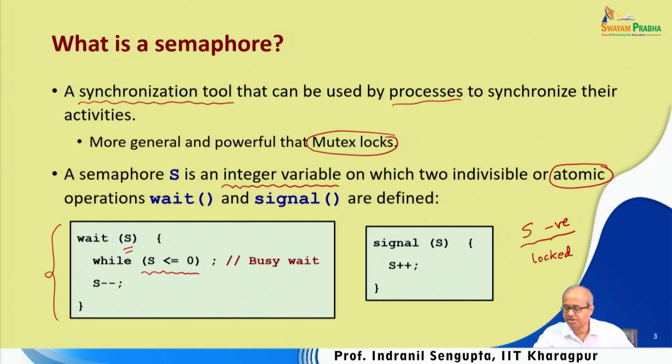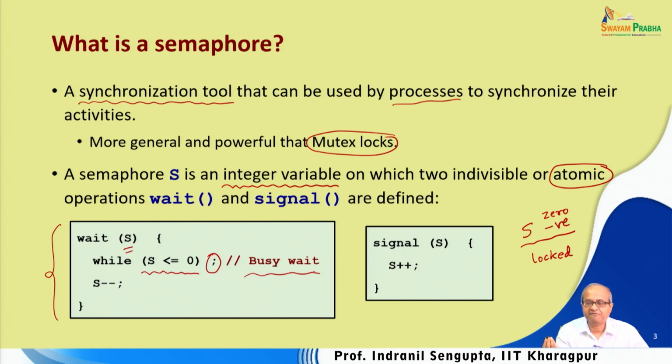So, it is not necessarily that S is negative, it can be 0 as well. If it is either 0 or negative, it is locked. So, a process when it is calling wait, this function will be checking whether S is 0 or negative. If it is 0 or negative, it will be waiting here. So, in this definition, there is a busy waiting.